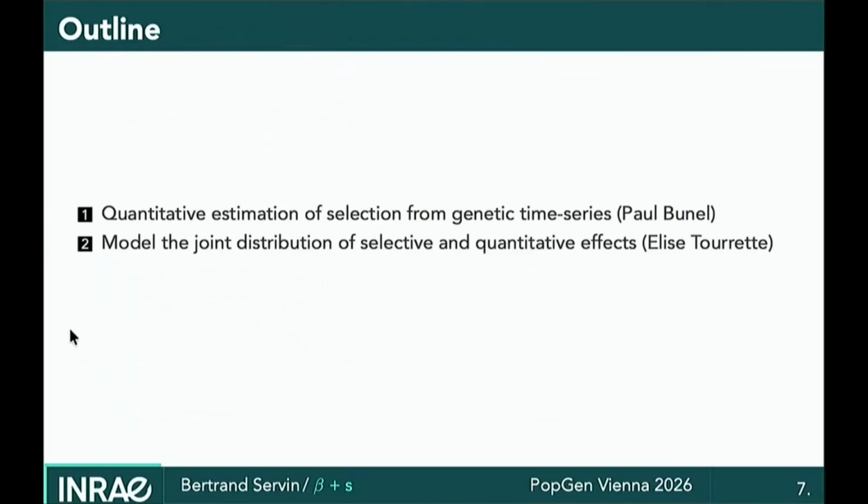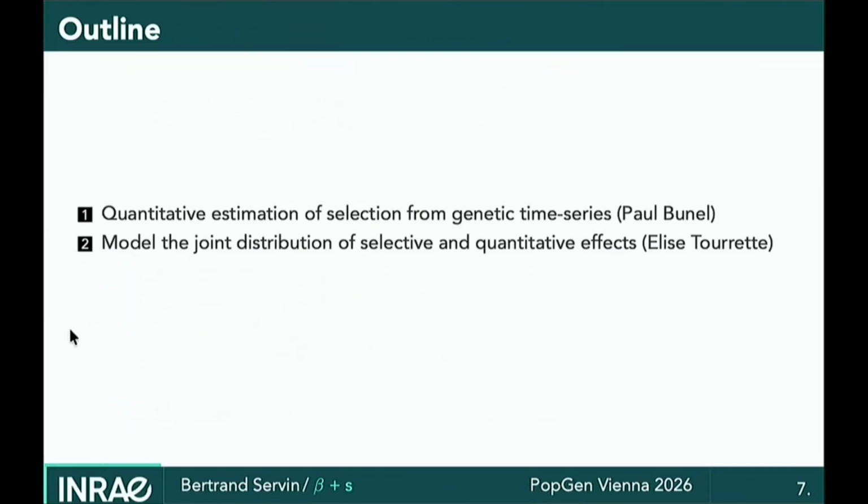Okay. So in this talk, I will talk about two projects we have currently in my group. So one is the quantitative estimation of selection coefficients from genetic time series. And this is work we've been doing in the past, and we are still continuing working on that with a PhD student called Paul Bunel, and with colleagues, in particular Simon Boitard.